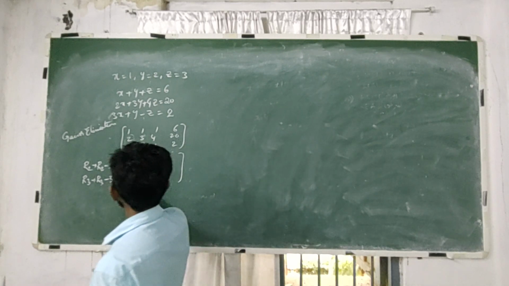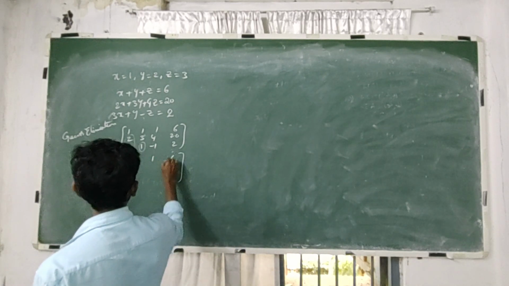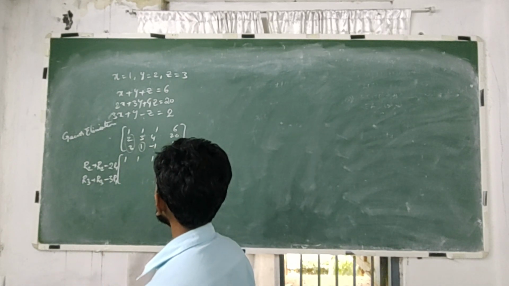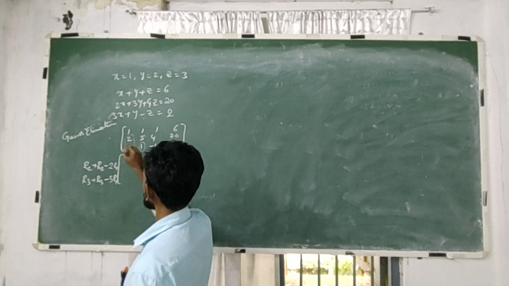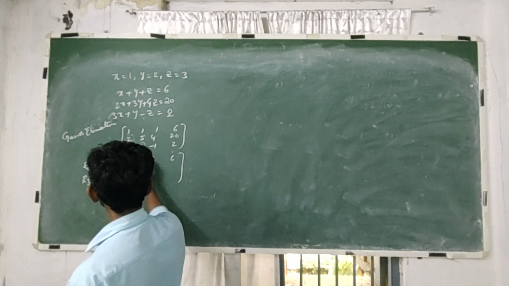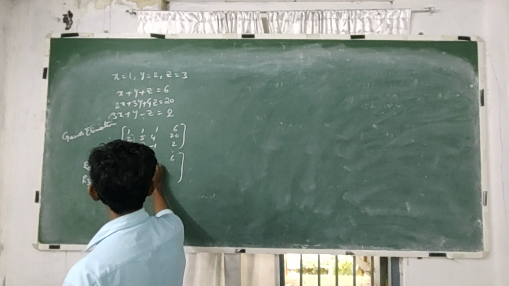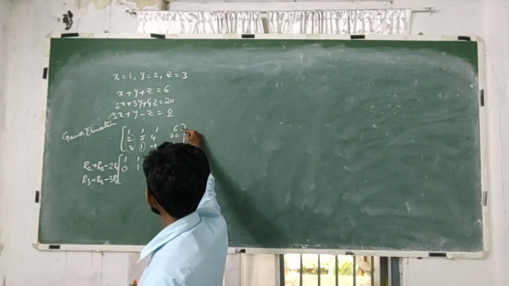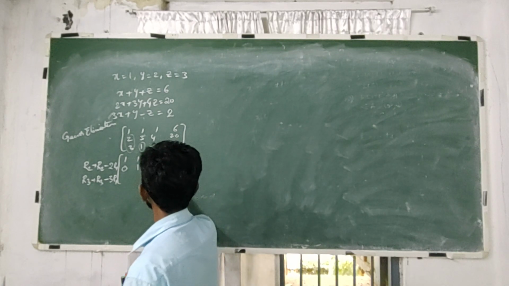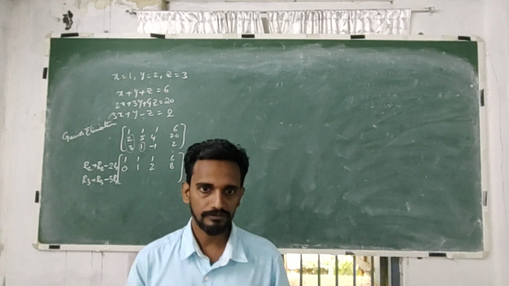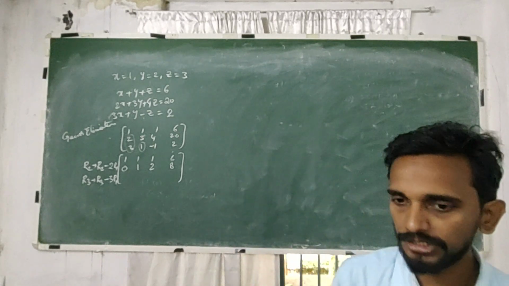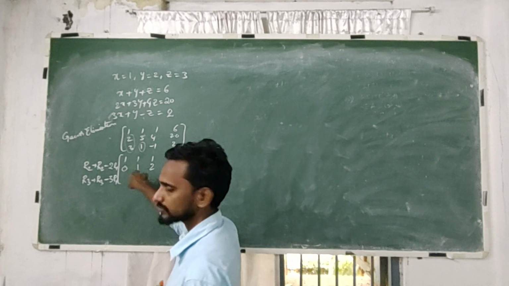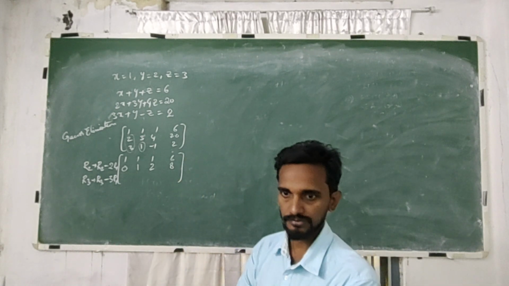Okay, so what do you get? This remains same. You have to multiply this row twice and subtract. This becomes 0, 1, 2, and this is 8. I have to multiply row 1 with 2 and subtract from row 2.